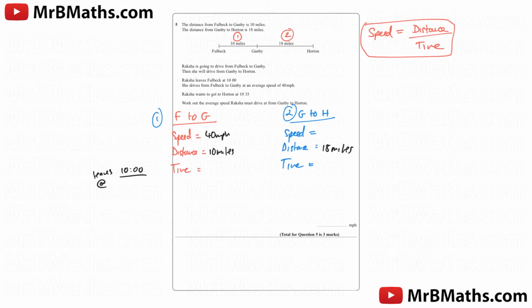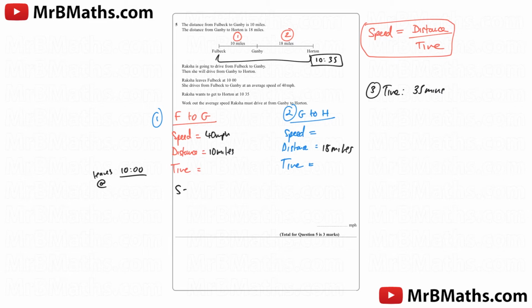And then do we have a time or a speed? No, but what we do have is the time that she would like to get there. So we've got 10:35. So basically the entire journey, if I label that as 3, needs to take 35 minutes. So if we find out F to G, how long that took, maybe we can go from there.